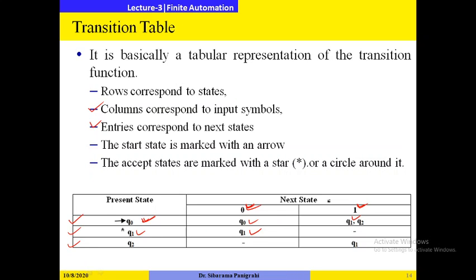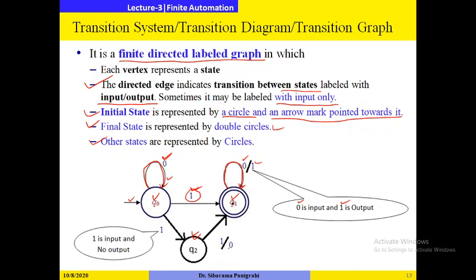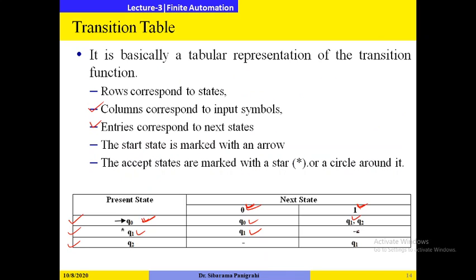Now Q1 by taking 1 as input, what is the next state? Coming to the transition diagram, there is no transition on input 1 for Q1, so it is phi.